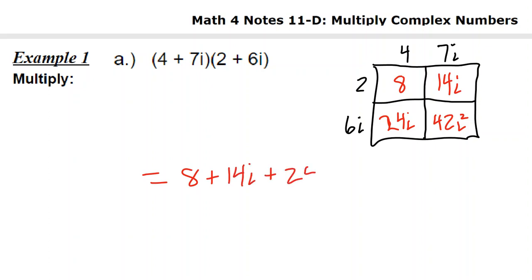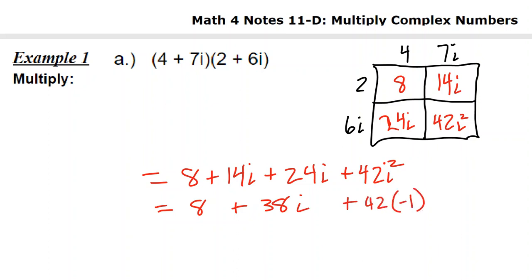Now, by the time we lay all of this out, we are going to have some like terms that need to go together. For instance, 14 and 24 become 38i. But now this guy down here, i squared is the same thing as -1, which means now we're talking about minus 42. 8 minus 42 is -34 plus 38i.